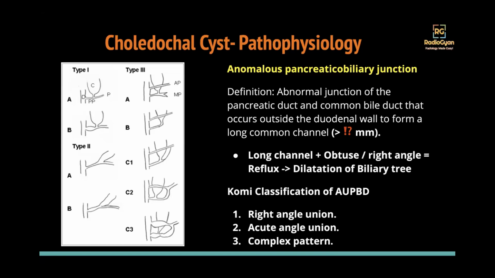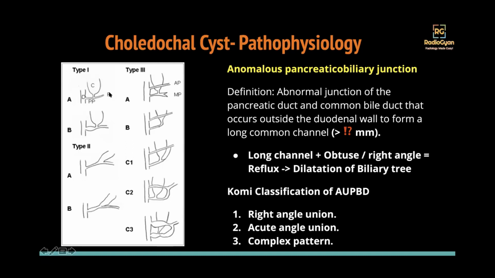The main classification you have to remember in a choledochal cyst is Todani's classification, but additionally there is a classification for the way these ducts unite. Again, we'll remember the main types and not look at the subtypes now. Type 1 is when the union is at a right angle.